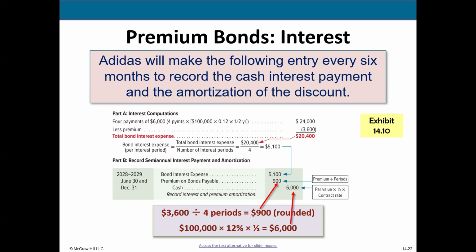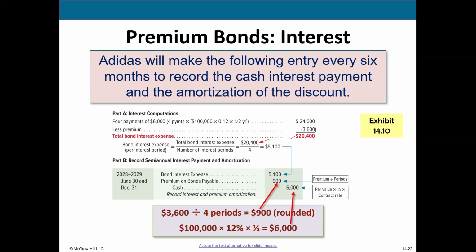So we take our interest expense of 24,000, which is the face value times the stated interest rate times time, times the four payments.